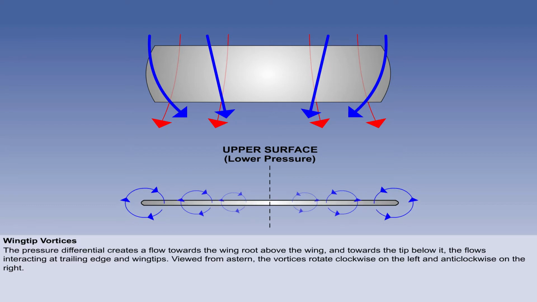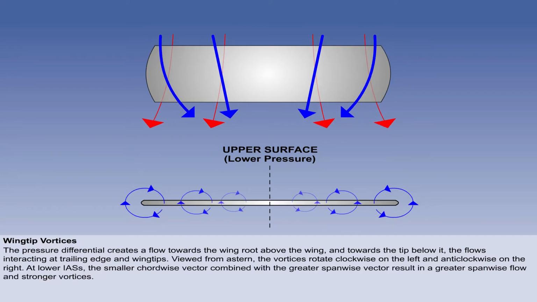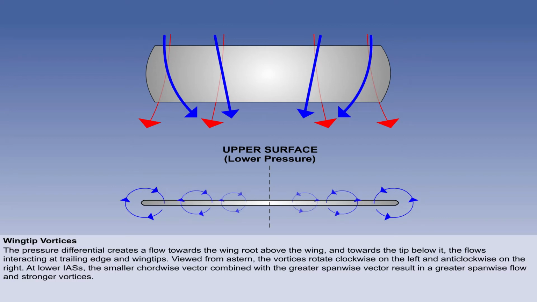In the conventional view of the aircraft from the rear, the vortices produced by this interaction rotate clockwise at the left wingtip and anti-clockwise at the right wingtip. At lower IASs, and therefore higher angles of attack, the decreased chordwise vector and increased spanwise vector, due to the greater pressure differential, will increase the resultant spanwise flow, making the vortices stronger.